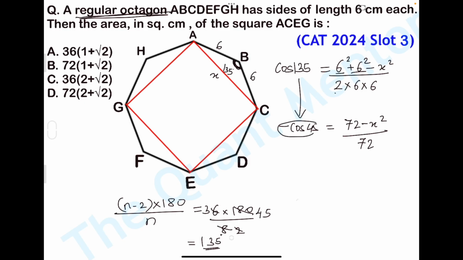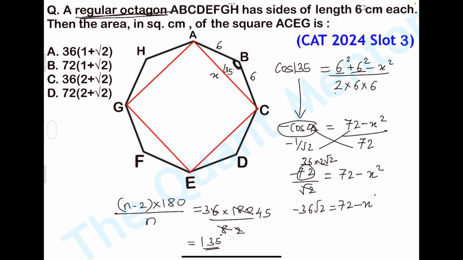So minus of cos 45, which is minus 1 by root 2, and 72 will cross multiply, and we get minus 72 upon root 2 is equal to 72 minus x square. Now 72 can also be written as 36 into 2. So root 2 and root 2 will get cancelled. The left hand side is minus 36 into root 2 is equal to 72 minus x square.